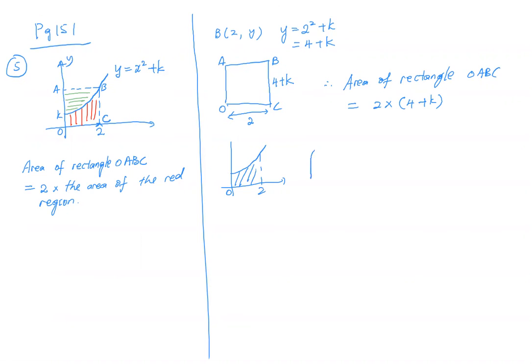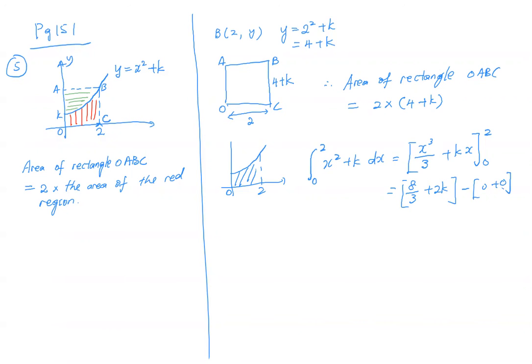So I have to integrate from 0 to 2, x squared plus k. So integrate x squared, you get x cubed over 3, plus kx, from 0 to 2. So you start with 2, you get 8 over 3 plus 2k. You start with 0, everything is 0.